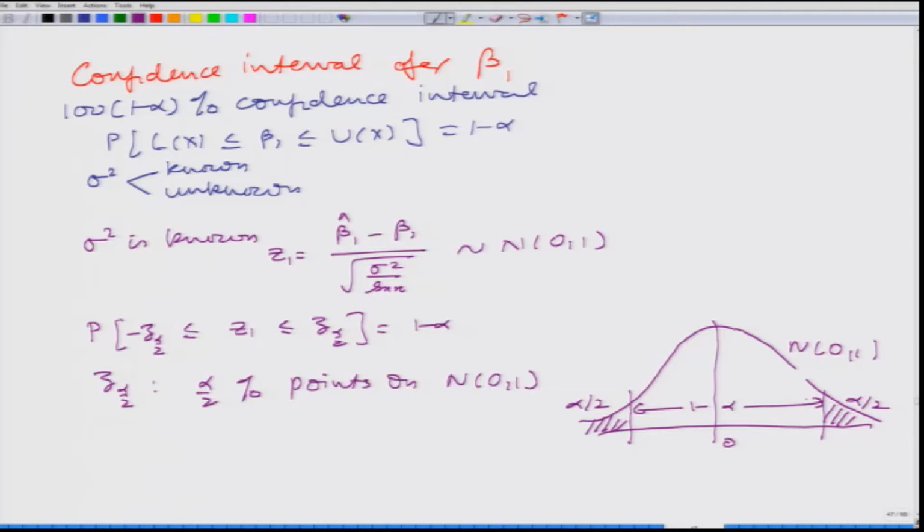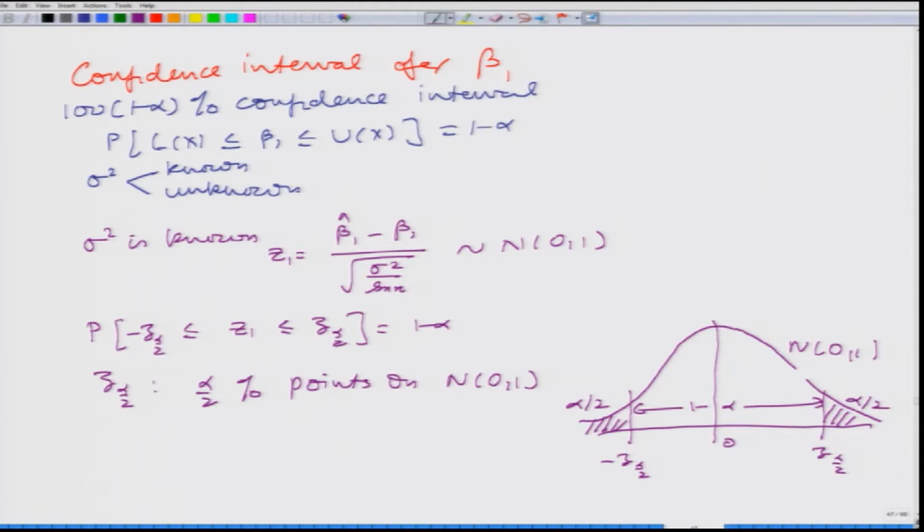The values on the x axis are minus z alpha by 2 and plus z alpha by 2. These values can be obtained from the tables, and are standard values, depending on whether alpha is 1% or 5% and so on.